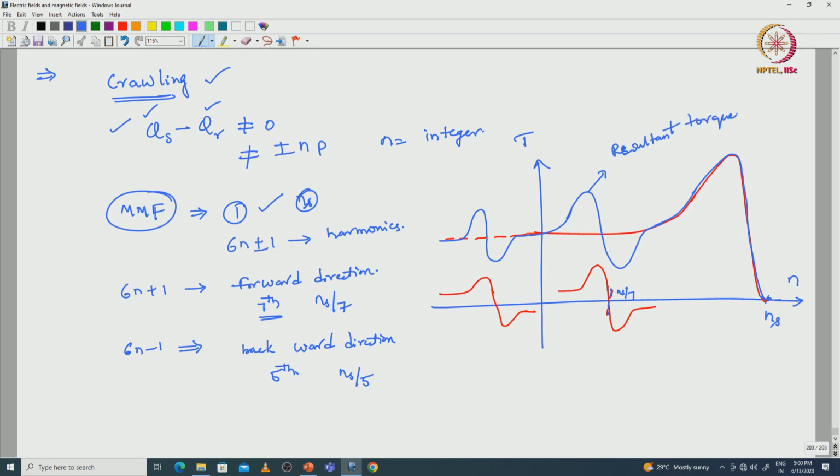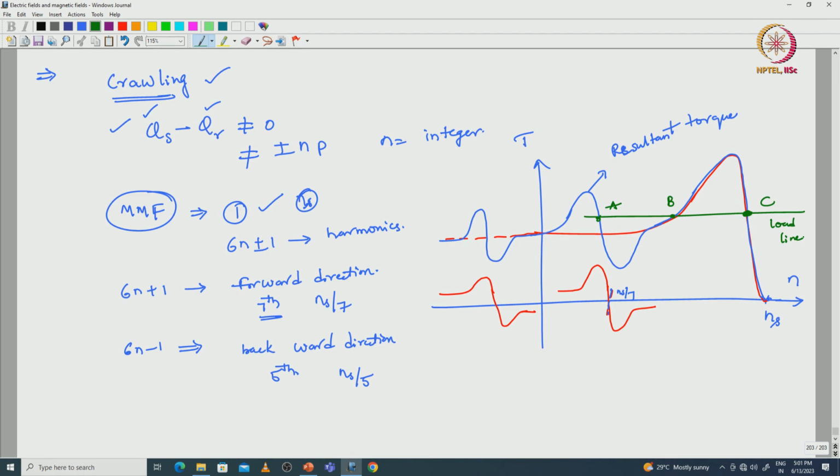Here if we draw a load line, let us consider the load line in this manner. This is A, B and C. Here the rated stable operating point will be C with respect to the load line.